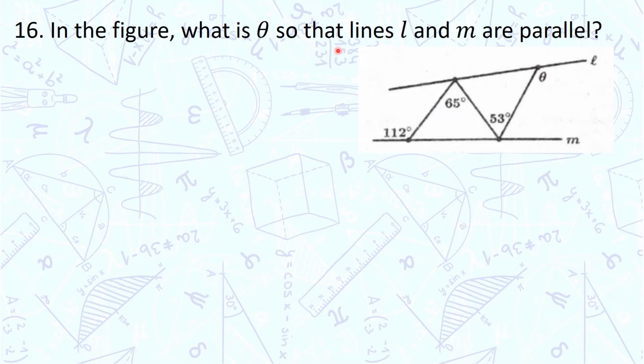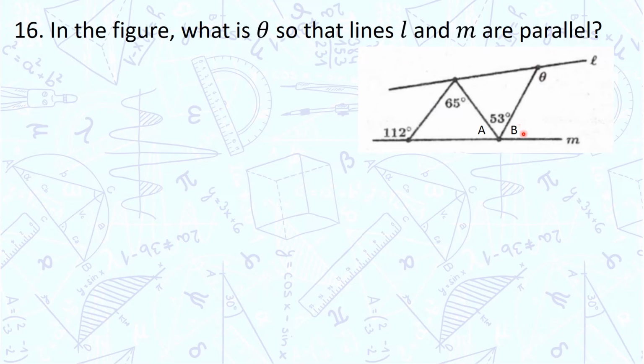Next, number 16, in the figure, what is theta so that the lines L and M are parallel? Let us name an angle that we will need, that is angle A on this part of the figure, and then we will have another.